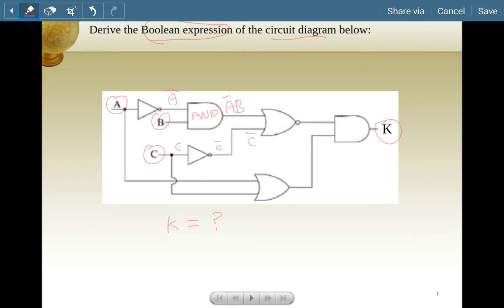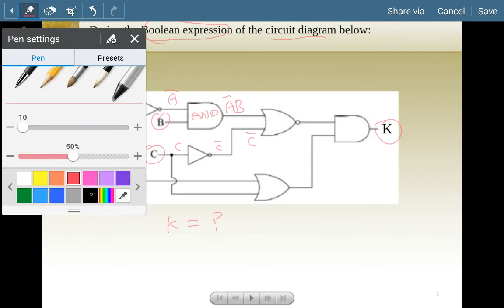So let's transform ourselves. But some students may find this symbol a bit threatening. Oh, I don't understand this. I could understand an OR gate, but what do you mean by an OR gate with a bubble here? This is actually a NOR gate, but for those students who are not comfortable dealing with a NOR gate, I would suggest that you simply redraw this diagram.